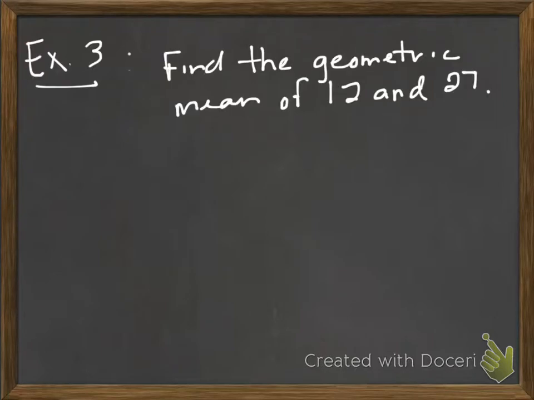Okay, so here's our example 3. It says find the geometric mean of 12 and 27. Okay, so remember, initially our geometric mean, we're looking at a over x is equal to x over b. Well, it's given you two numbers because essentially x has to be what? Yeah, x should be the same number.